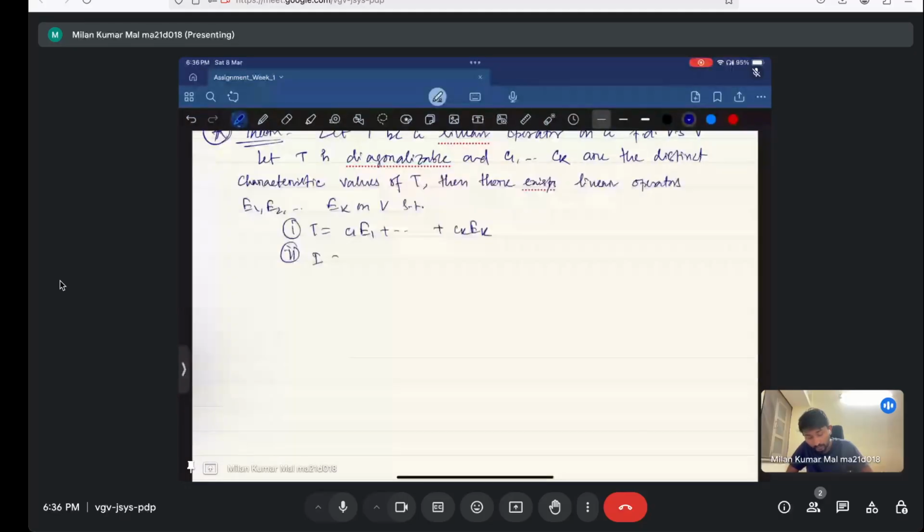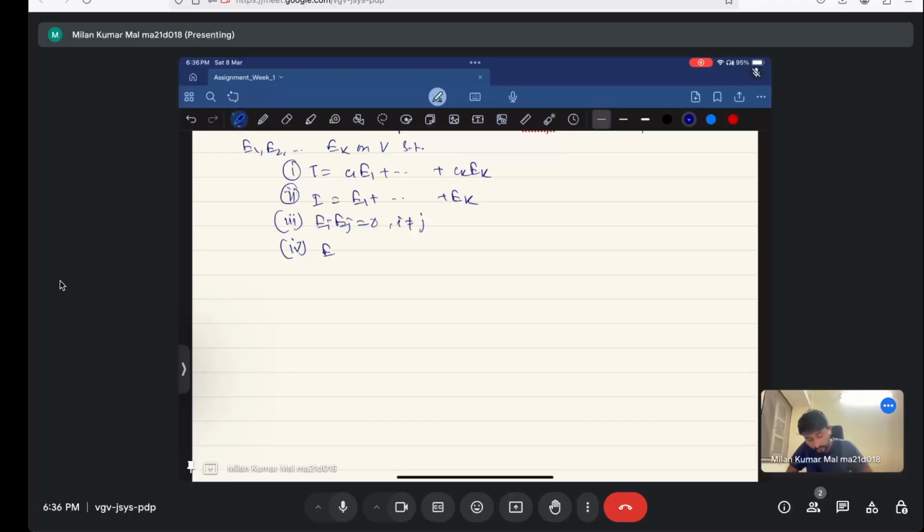Option 2, I equals E1 plus all the way Ek. Option 3, Ei Ej is equal to 0 for i not equal to j. And option 4, Ei squared is equal to Ei, that is all Ei are projections.